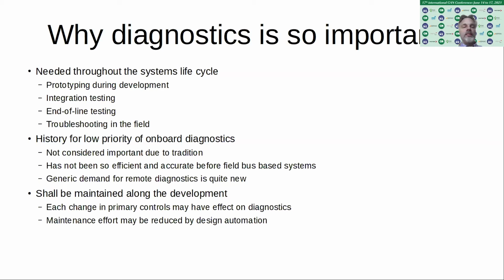And tradition has been that this diagnostics development has been more or less neglected, because each change in the rest of the design most probably has some effect on the diagnostics also. And whatever effort can be removed, that has been done. But the maintenance effort may be quite significantly reduced by introducing some design automation.